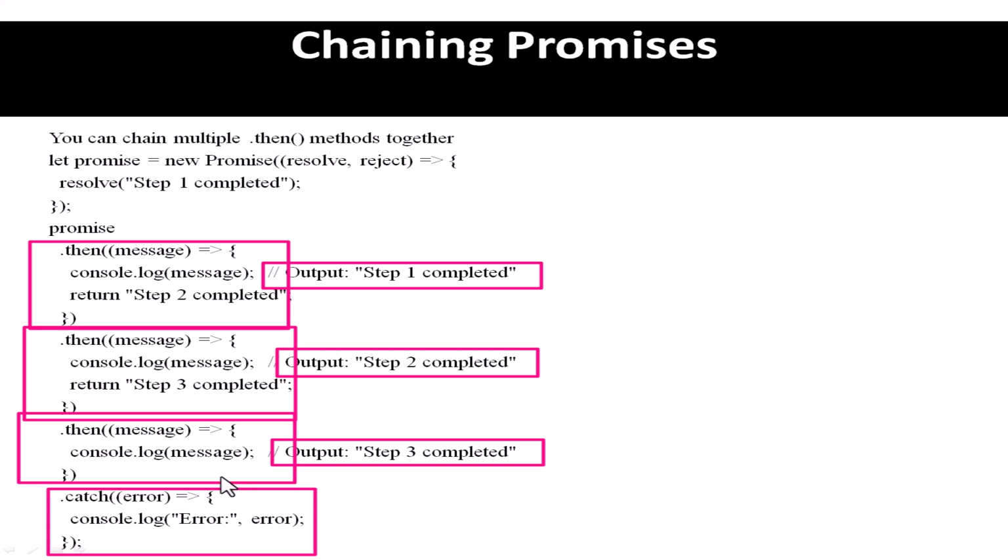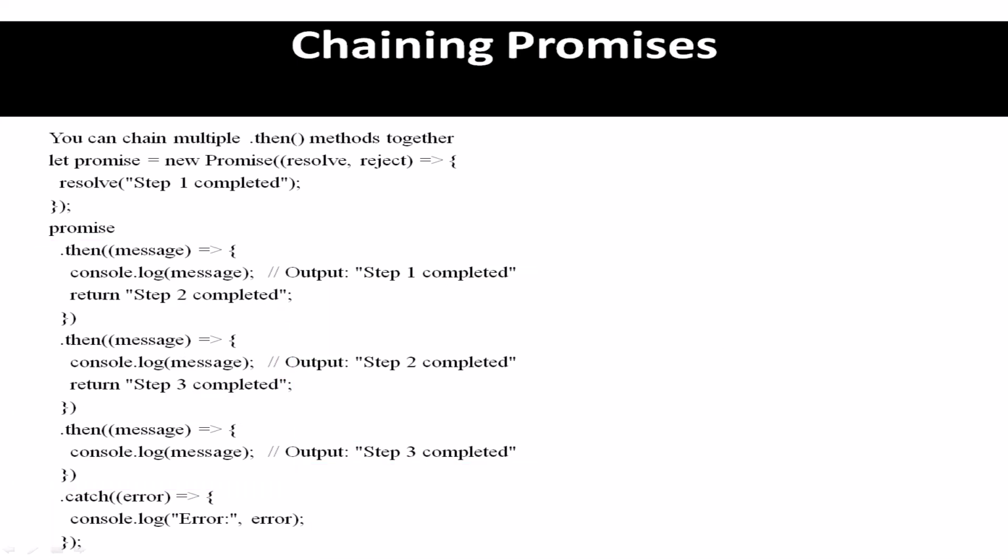And now here it is going to show the message resolve step 1 is completed. Whatever parameter you have sent as a message, it is going to return step 2 is completed and step 3 is completed, and so on. Based upon the message, whatever you have given, this particular thing will be executed.